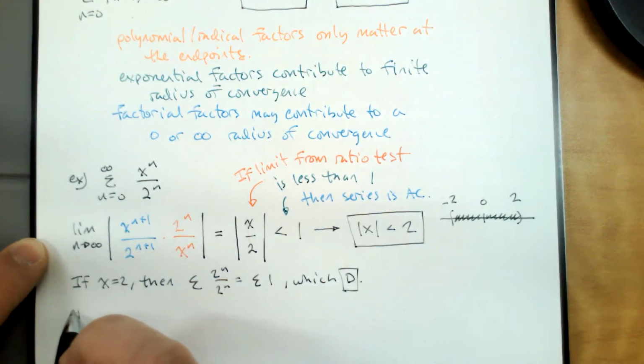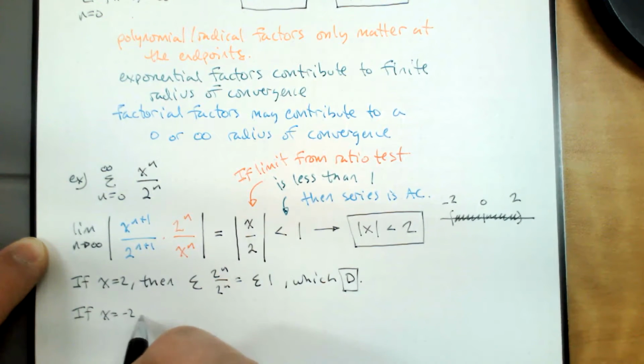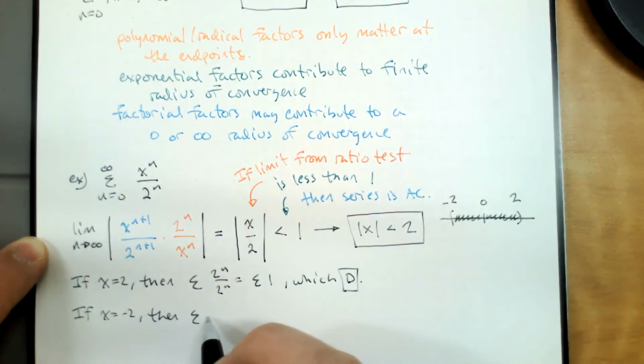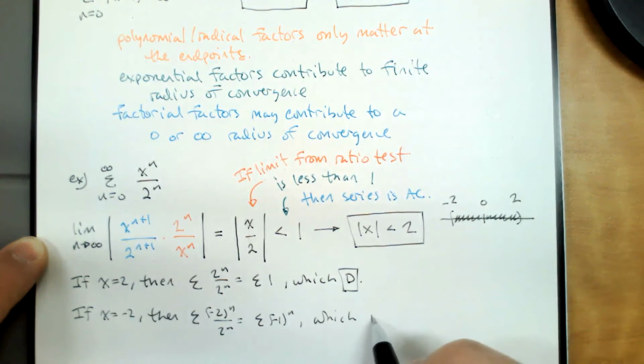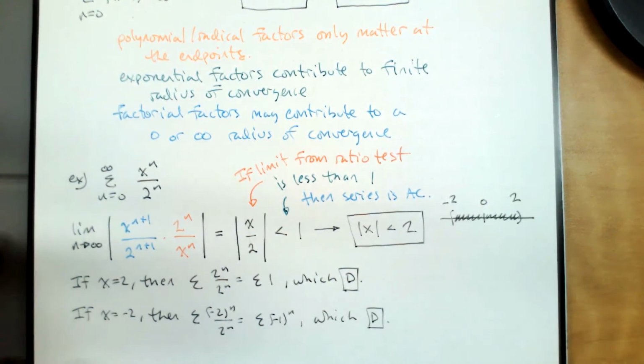And if x equals -2, then we get the series -2 to the n over 2 to the n, or a sum of -1 to the n, which also diverges. So the endpoints are not in the interval of convergence.